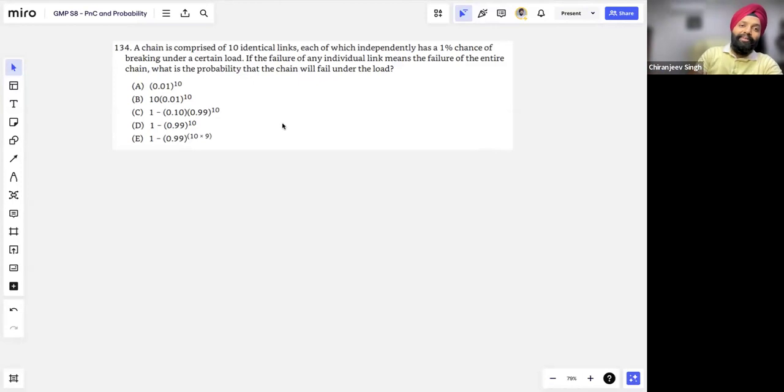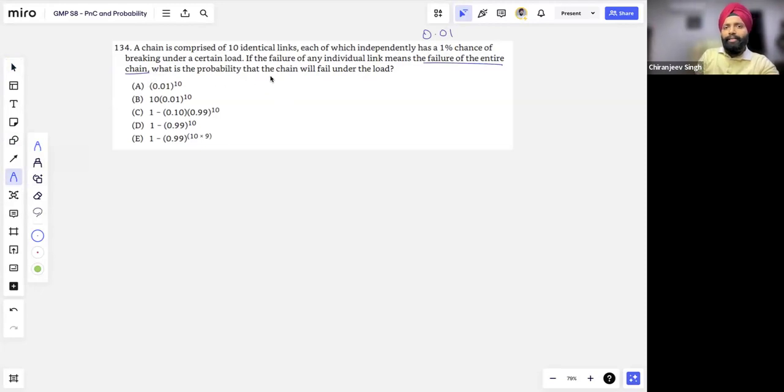So, a chain is comprised of 10 identical links, each of which has a 1% chance of breaking under a certain load. So each link can break with the probability of 0.01. If the failure of any individual link means the failure of the entire chain, so if any link fails, the entire chain fails, commonsensically.